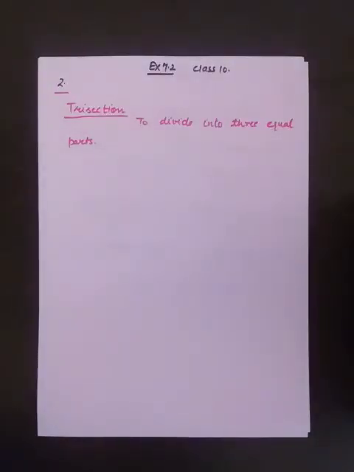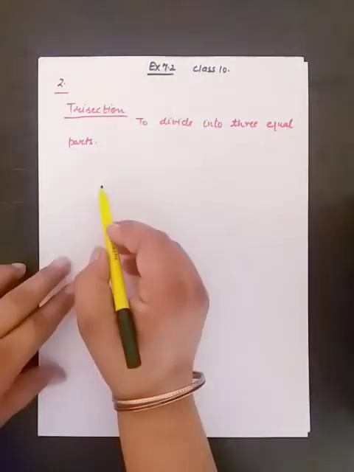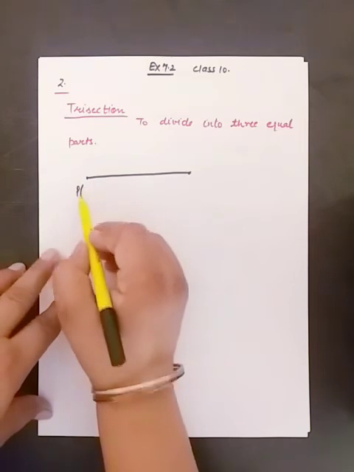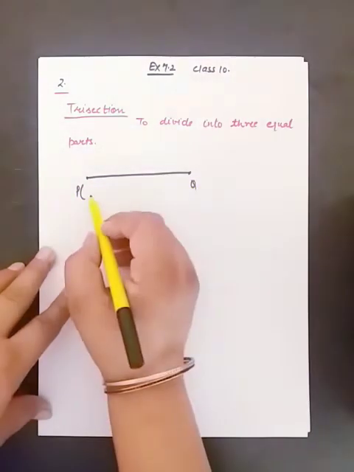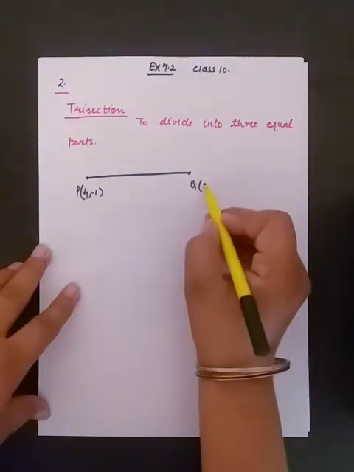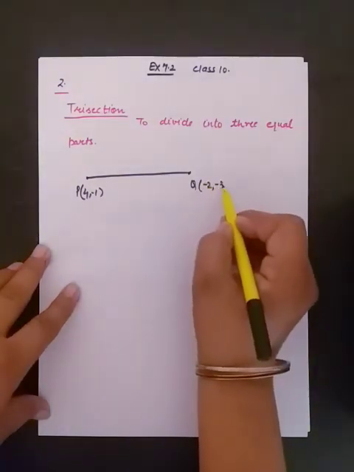Next question. Question number 2. Find the coordinates of the points of trisection of the line segment joining (4, -1) and (-2, -3). So the given length is PQ, the coordinates of P are 4 and -1 and the coordinates of Q are -2 and -3.